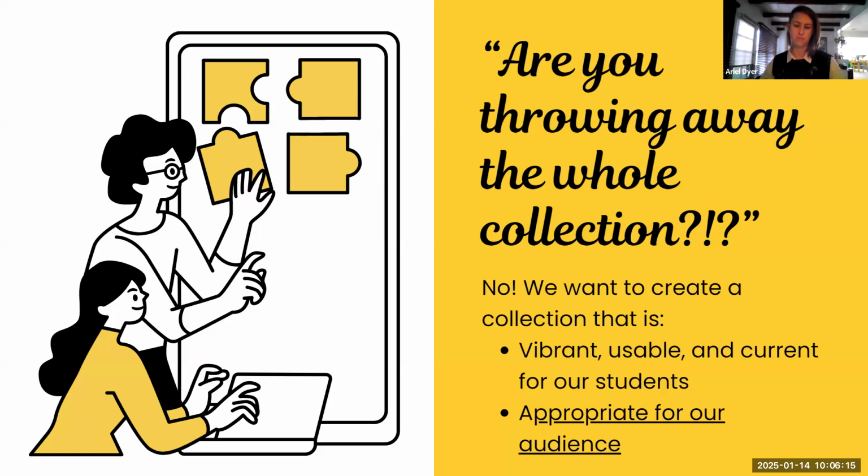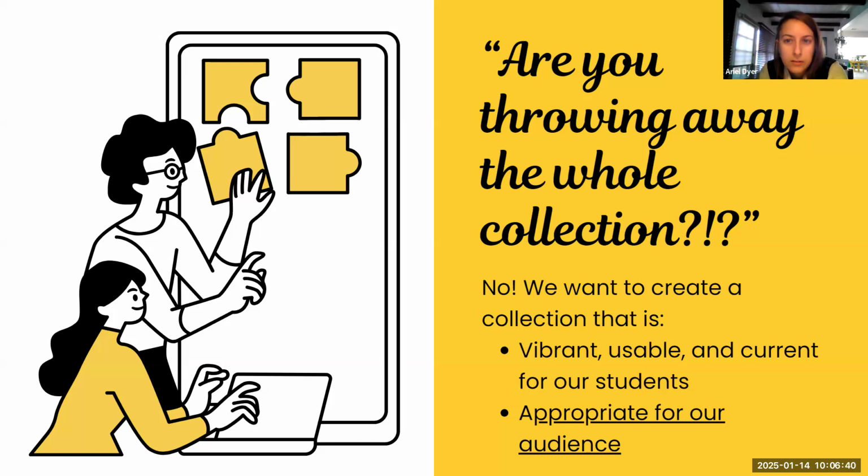A lot of younger generations are returning to the analog and the physical when it comes to collections in general. Not just books, but also records, VHS tapes, things like that. So people want them, which is part of the reason why we want the vibrancy of our physical collection to match our e-resources.